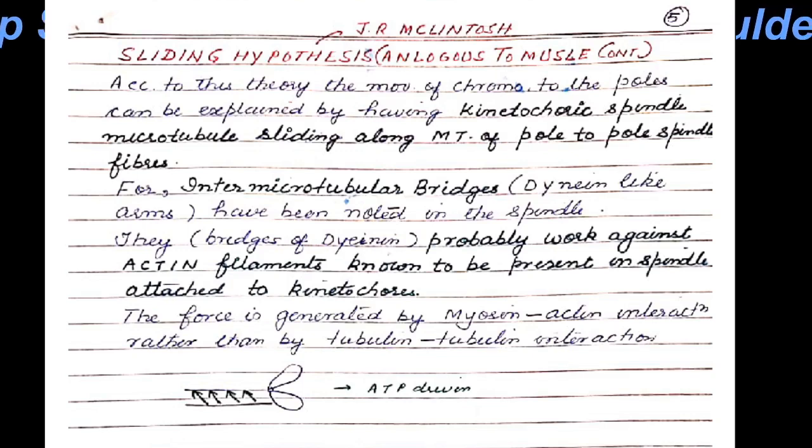Pole to pole spindle fibers are those fibers which are not attached to the chromosomes. And for intermicrotubular bridges, dynein-like arms have been noted in the spindles. These dynein-like arms work against the actin filaments of the spindle fibers, which are present in the spindle fibers attached to the kinetochores. The force is generated by myosin-actin interaction rather than by tubulin-tubulin interaction. This is also ATP driven.